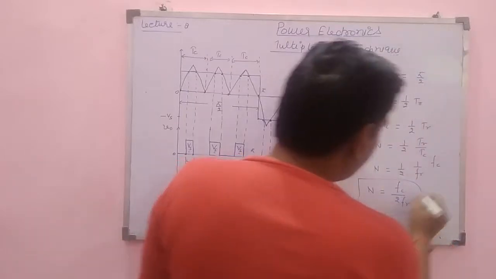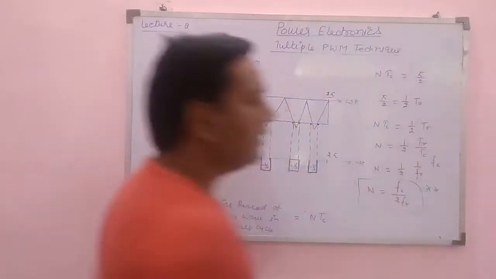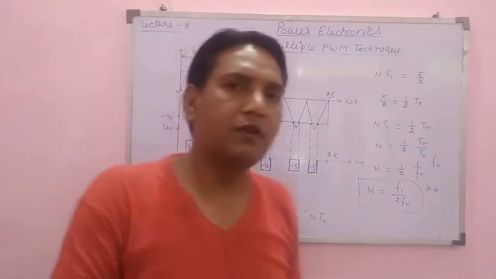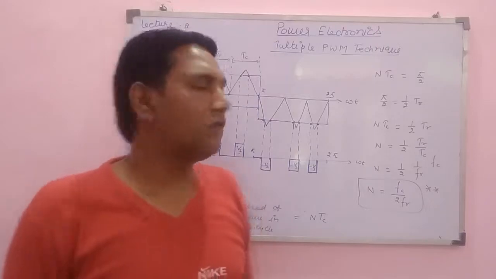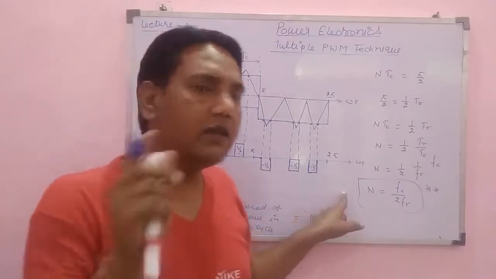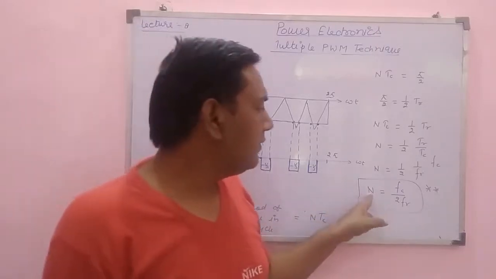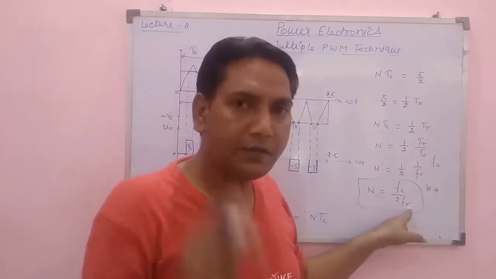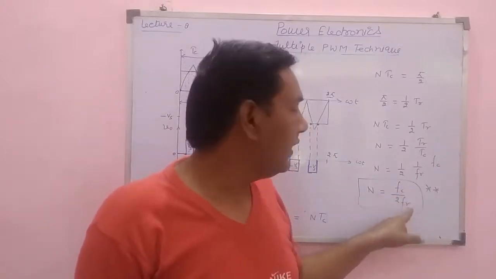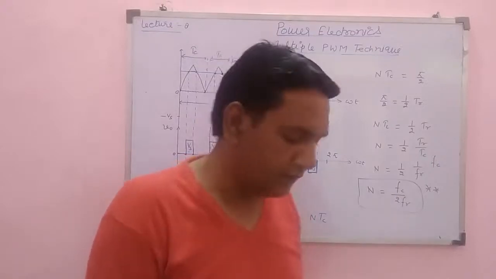Keep in mind, that is a very important formula. In multiple pulse width modulation, if you have to calculate the total number of pulses generated in each half cycle, then n is equal to fc upon 2fr. fc is the carrier frequency and fr is the frequency of the reference signal.